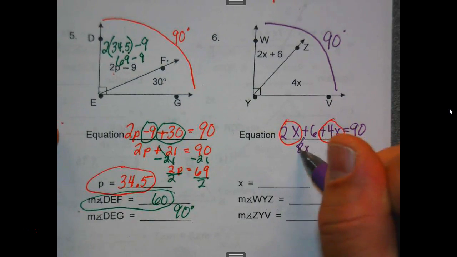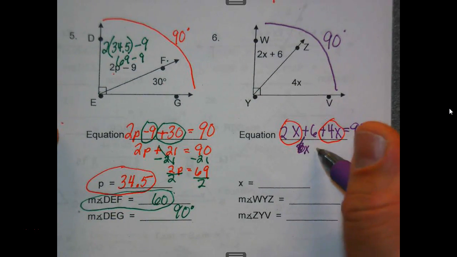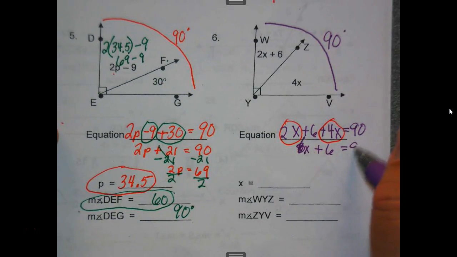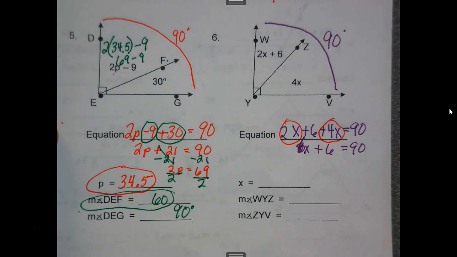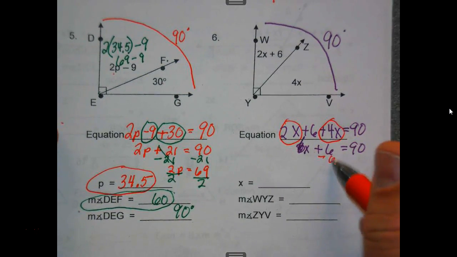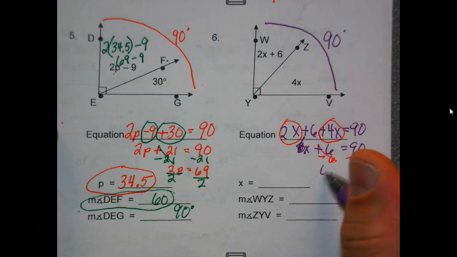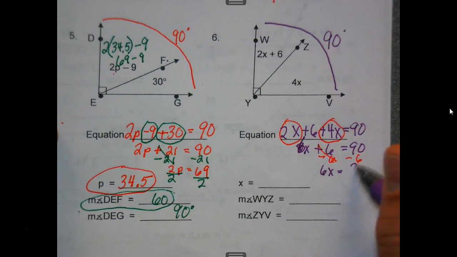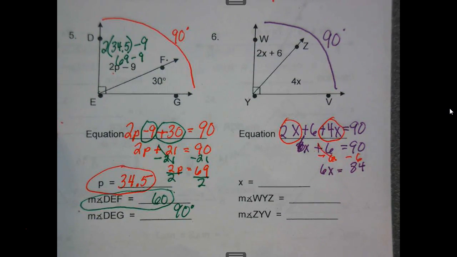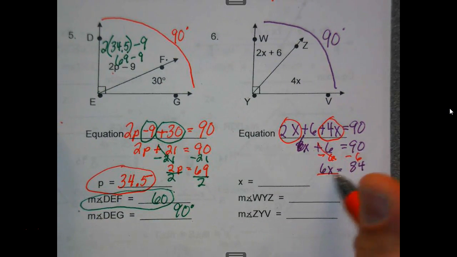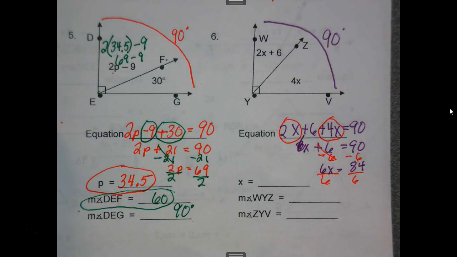I'm sorry, 6x, I'm multiplying. Subtract 6 from both sides. 6x equals 84. Divide by 6. So x is going to equal 22.